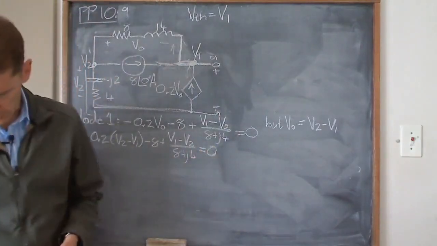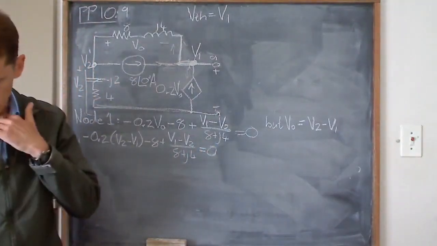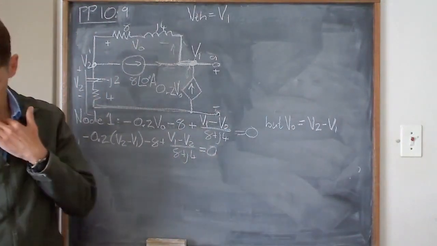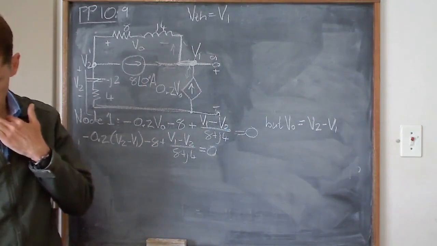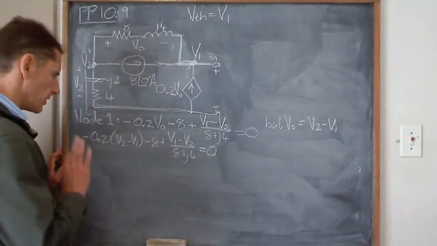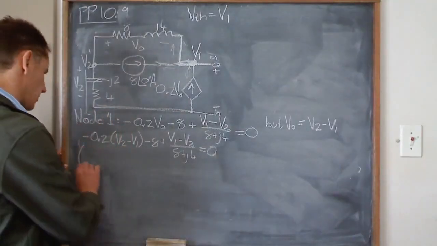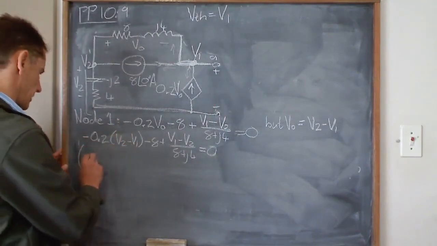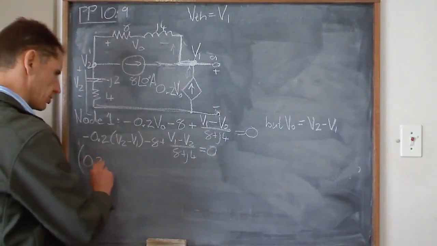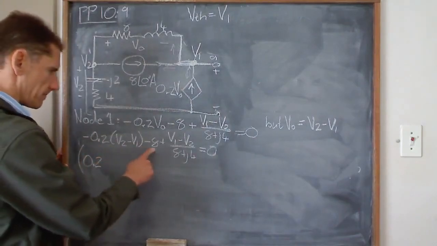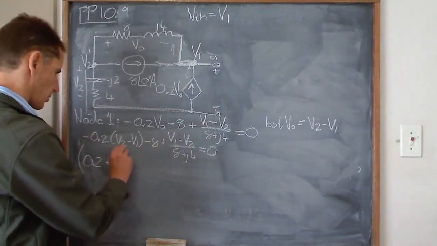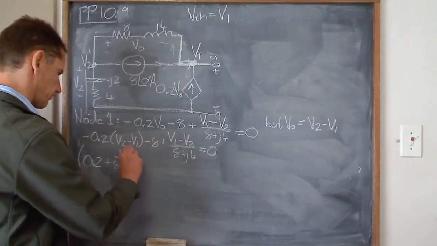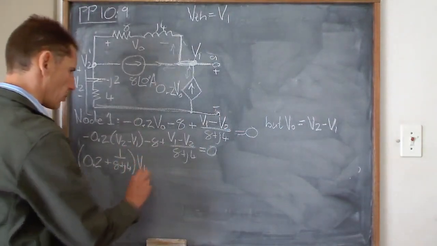Now what am I going to multiply with? I probably just multiplied everything with that 8 plus J4. Where am I now? Oh yeah. So now let's get all the V1s and the V2s together. For V1s, I've got a minus 0.2 times a minus over there, so I've got a 0.2. And there I've got a plus 1 over 8 plus J4. That's all the V1s.